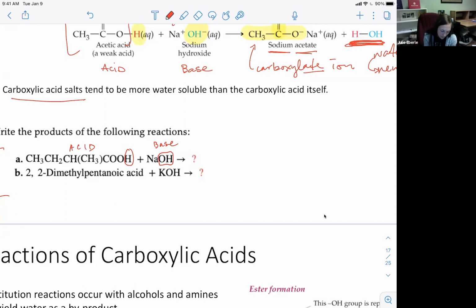So we've got CH3, CH2, CH with a branch, this is in parentheses, so that methyl group right there is branched. And then COO minus. So if we draw this out, it looks like this. This is the methyl group that's branched, and then we've got the carbon, and O minus. It has given away its acidic hydrogen.